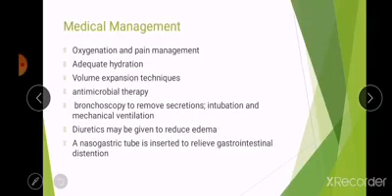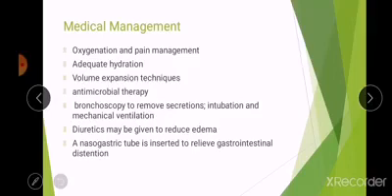Your medical management here is oxygenation since may hypoxemia. And of course, we need your pain management. Kasi syempre, may trauma na nangyari. Okay, mayroong disruption dun or may damage sa mga tissues, kaya may pain. Adequate hydration because of hypovolemia. Kailangan yan. Volume expansion techniques.